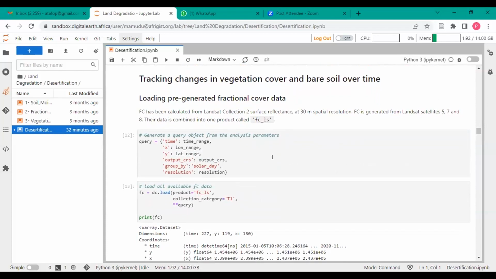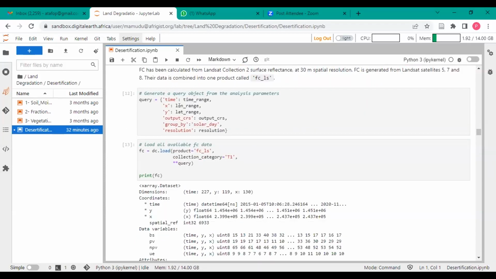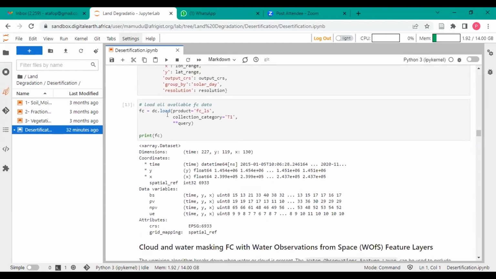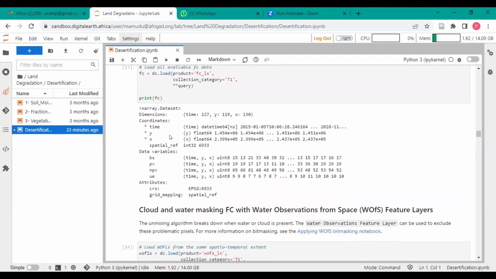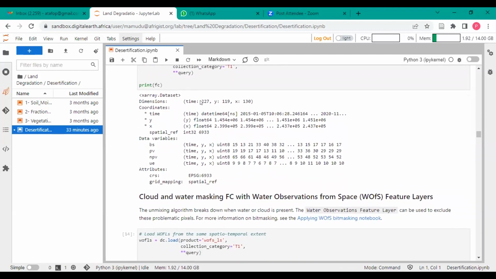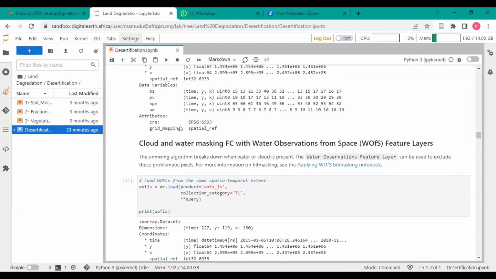And so we use the parameters that we had specified in the beginning to generate a query, the parameters being the time range, which is 2015 to 2020, the latitude and longitude, as well as other parameters here. And so we created that query, and then we used that to load the fractional cover data, the Landsat fractional cover data.